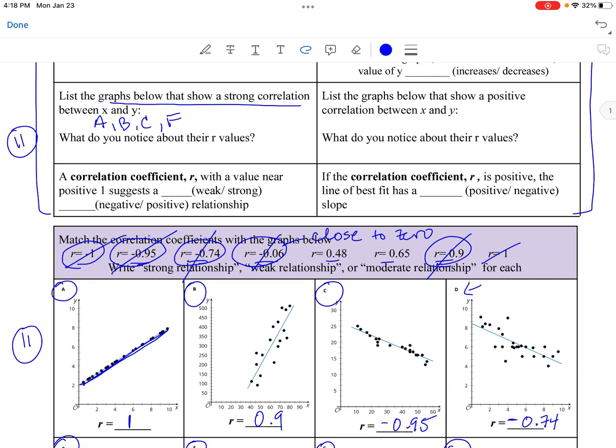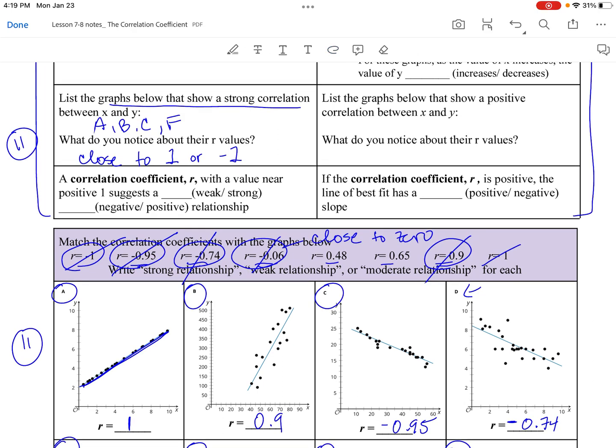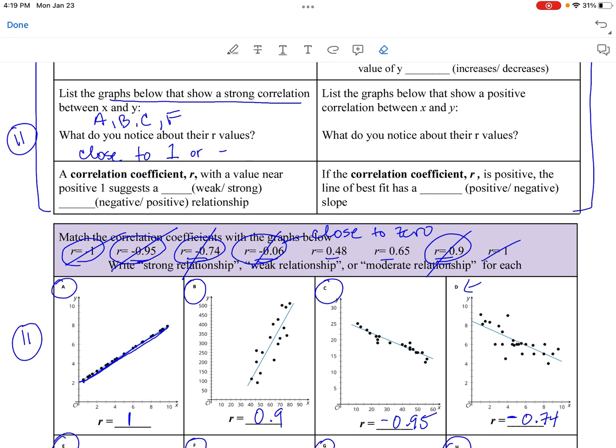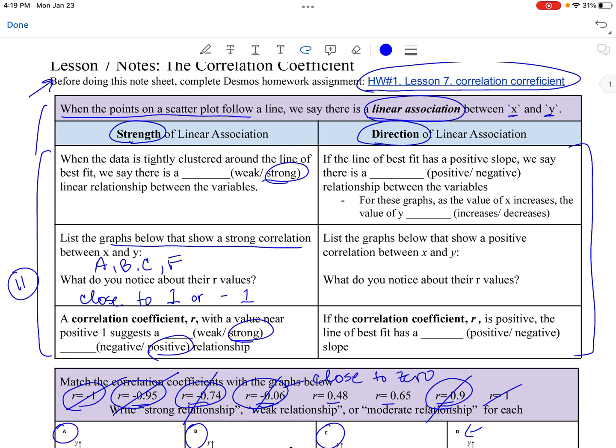The R values with strong correlations are close to either 1 or -1. Make that look more like a 1 here. A correlation coefficient with a value near +1 suggests a strong positive relationship. If a line of best fit has a positive slope, we say there is a positive relationship between the variables.